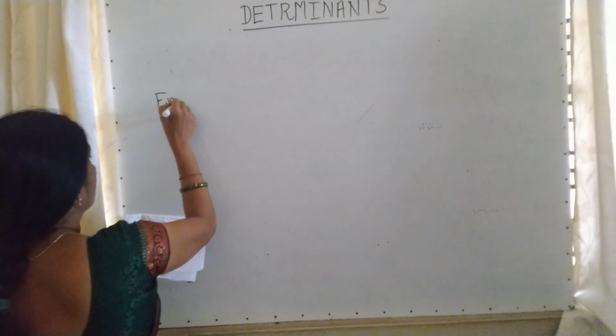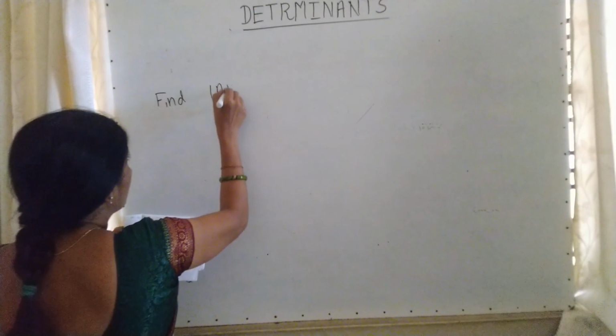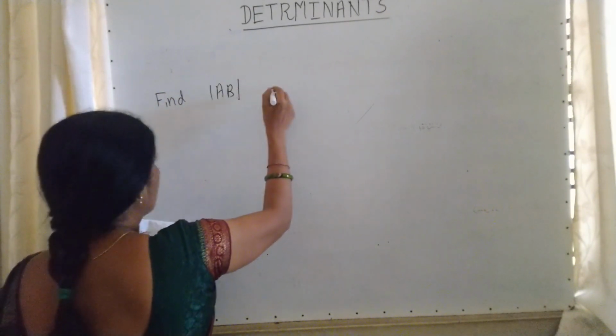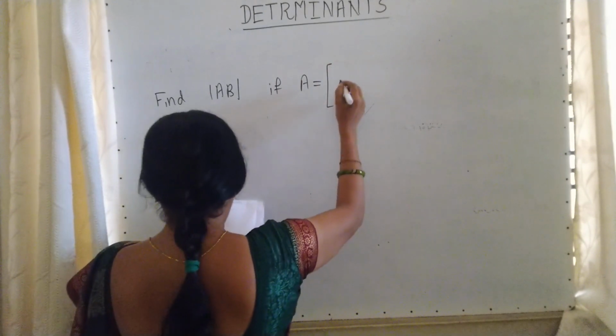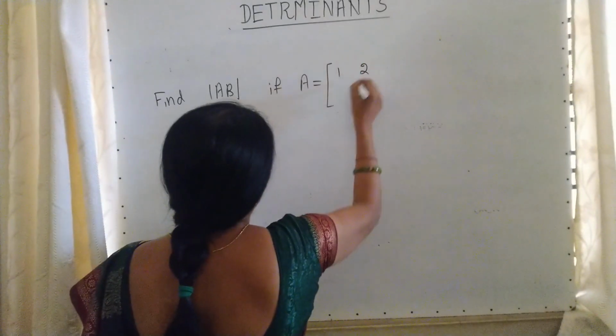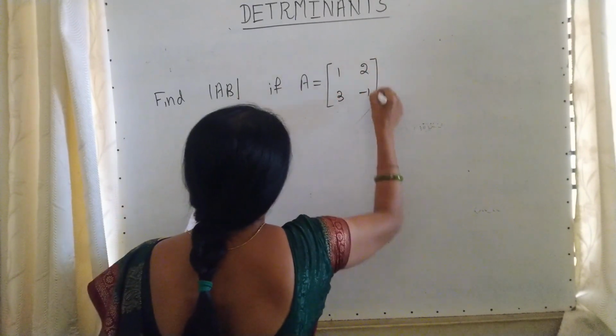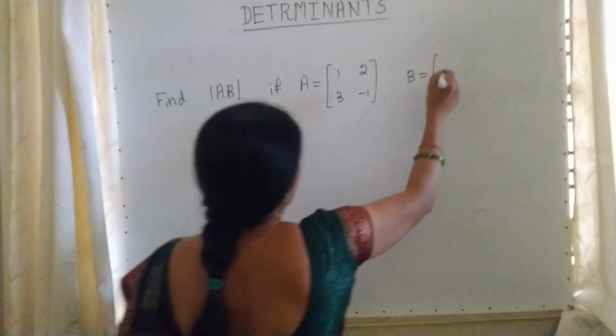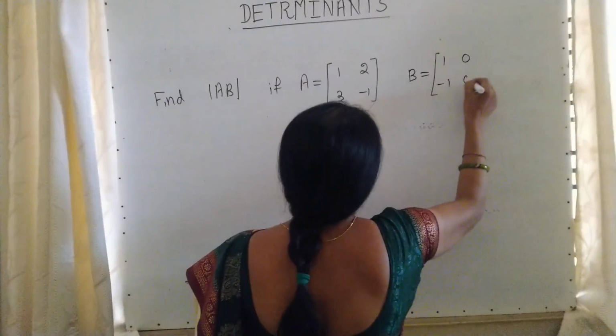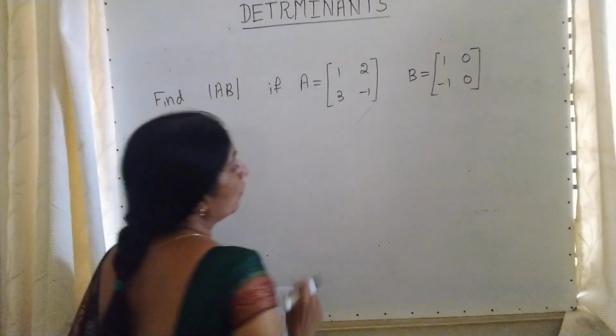Find the determinant of AB if A is equal to the matrix 1, 2, 3, minus 1, and the matrix B is 1, 0, minus 1, 0. So what are you doing?